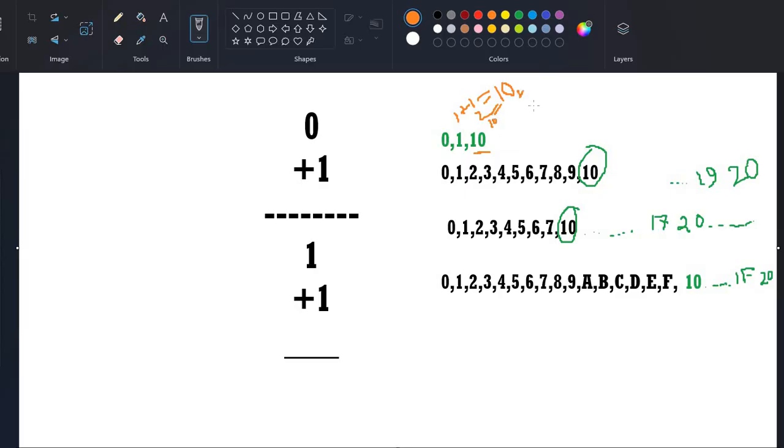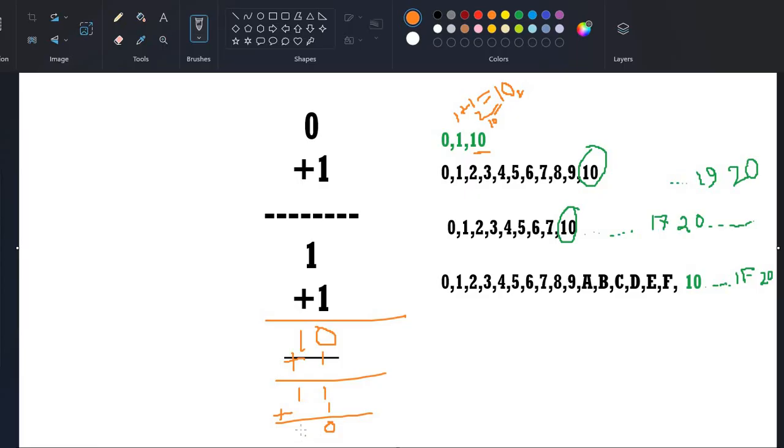So 1 plus 1 equals 1 0. Then plus 1: 1 1. Then plus 1 again. What will happen? 1 plus 1 is 1 0, so 0 will be there and 1 will be carried forward.